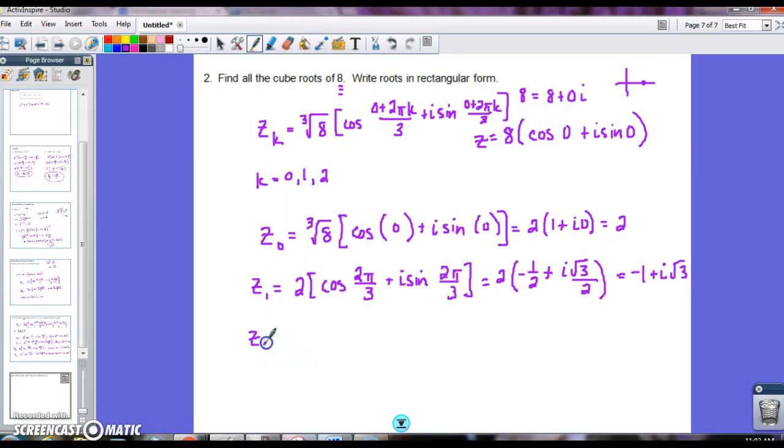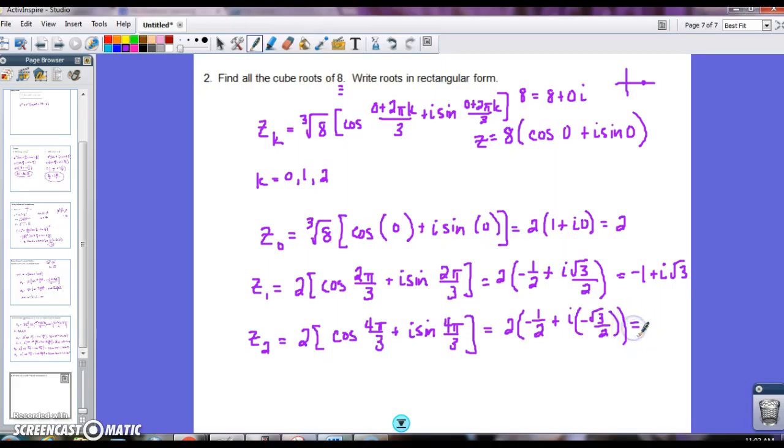And then your last one, we have 2. And now k is 2, so now I have cosine of 4 pi over 3 plus i sine of 4 pi over 3 is equal to 2 times, now I'm in the third quadrant, both sine and cosine are negative in the third quadrant.